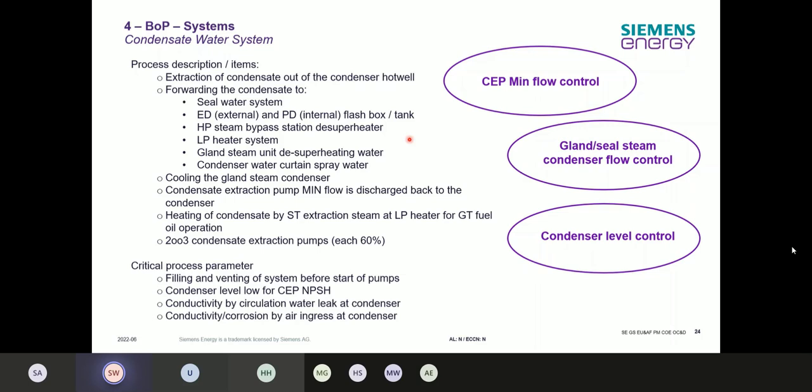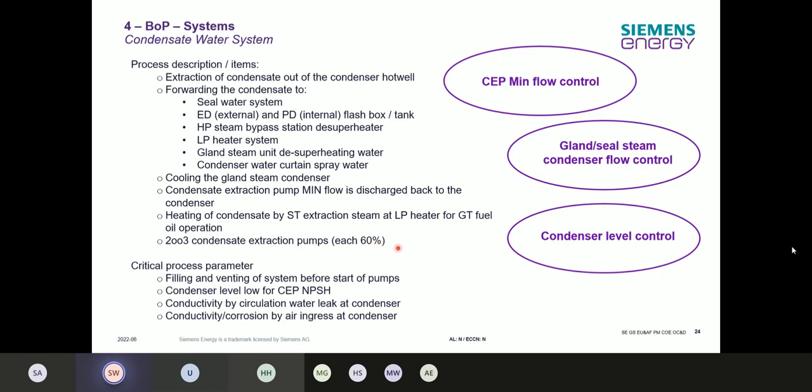That's opening as soon as there is no consumer in the system, or when you're starting up the system, condensate pumps will start running and increase the pressure in the system, and then you need a certain min flow before the systems afterwards are starting up, so feed water system, etc. Heating of condensate by ST extraction steam at the LP heater for GT fuel oil operation, and 2 out of 3 condensate extraction pumps.